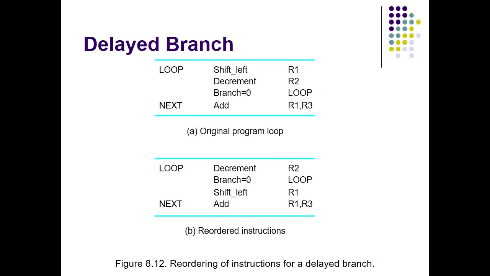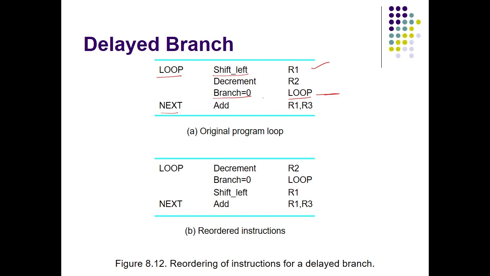Here you see, this is the last slide for you. We have the instructions: shift left R1, decrement R2, branch if 0. Branch if 0 means that if the R2 value is 0, then there will be a branch to the loop. This is a condition we put, and it goes to the loop, and after the branch there is an instruction, add R1 R3.